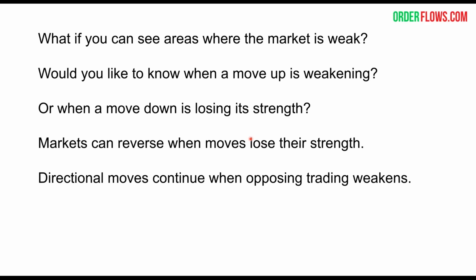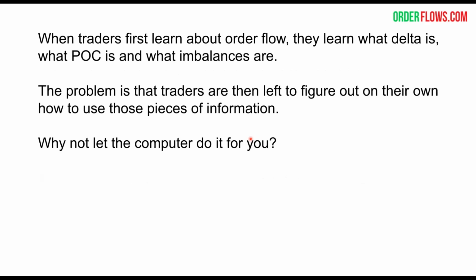So that is where the third part of the order flow foundation comes in, and that's delta, right? When traders first come to order flow, one of their first exposures is the delta. And delta is the difference between net aggressive buyers and aggressive sellers in a bar.